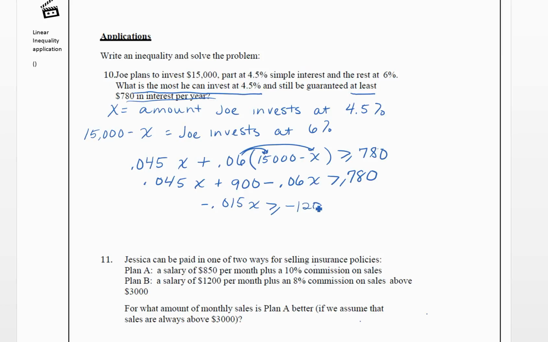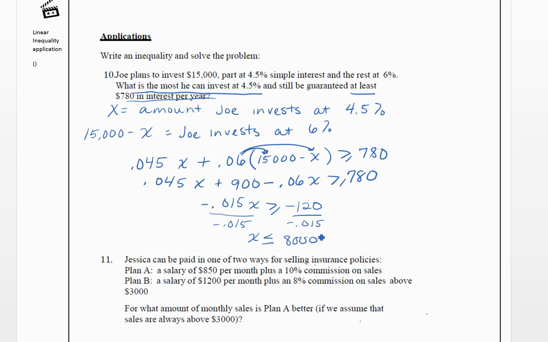Okay, so now we need to divide both sides by negative 0.015. And remember, when we divide by a negative number, we will switch the sign. So x is going to be less than or equal to $8,000.